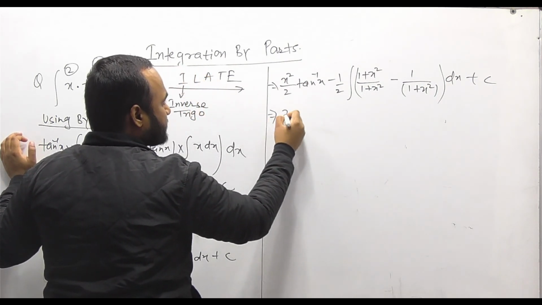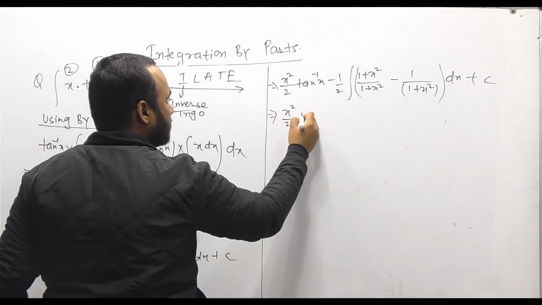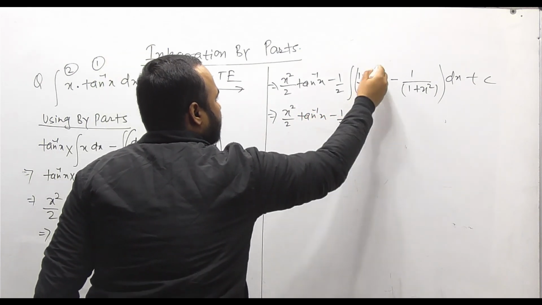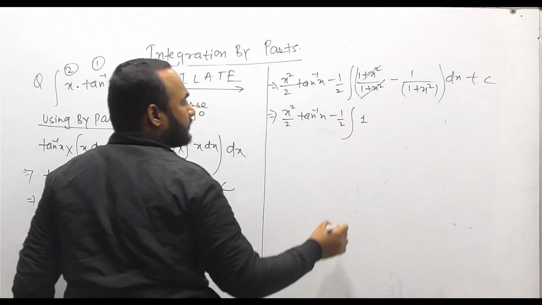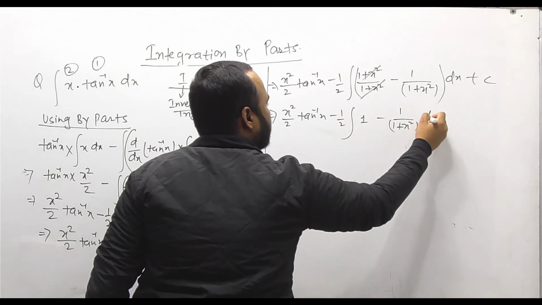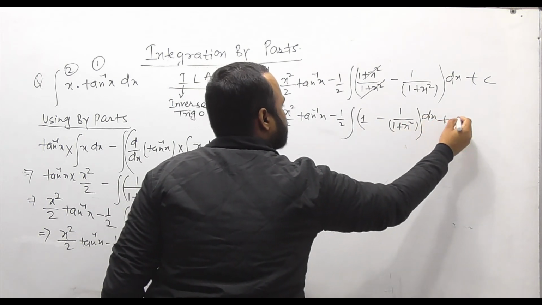So the integration has become x square by 2 tan inverse x minus half, and this will get cancelled out, it will become 1 minus 1 over 1 plus x square, into dx plus c.